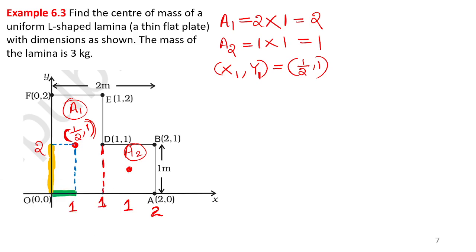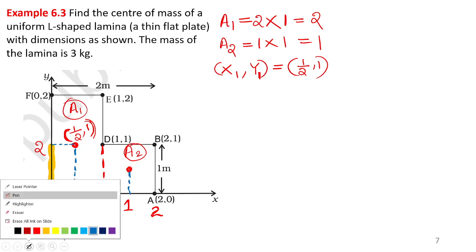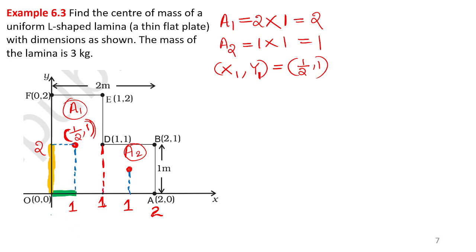If you don't know, let us do the same thing. Draw dot line vertically. So the x coordinate of the center of mass of A2 will be this distance.